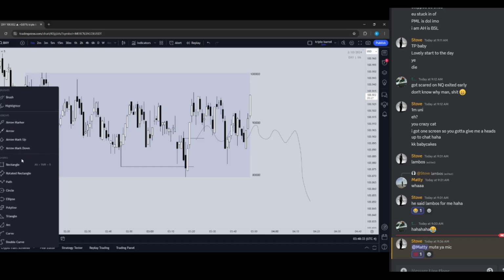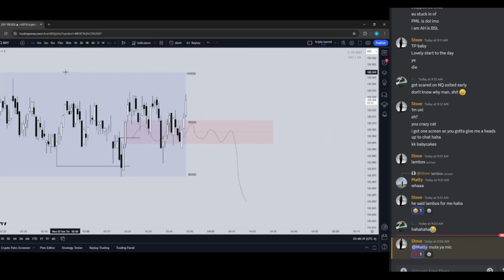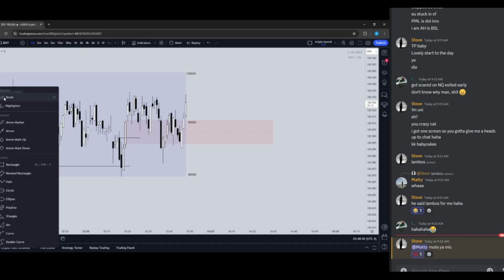And again, if we just look at this as a range, what we'll see is exactly this blue box, but in this red box. This is why I look at all of these PD arrays as ranges.